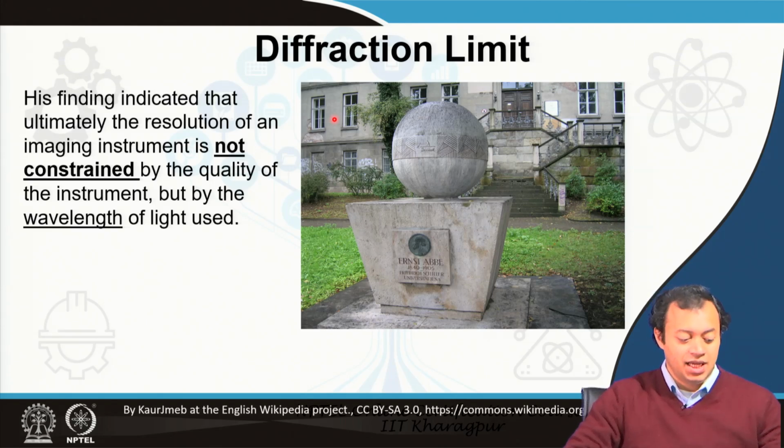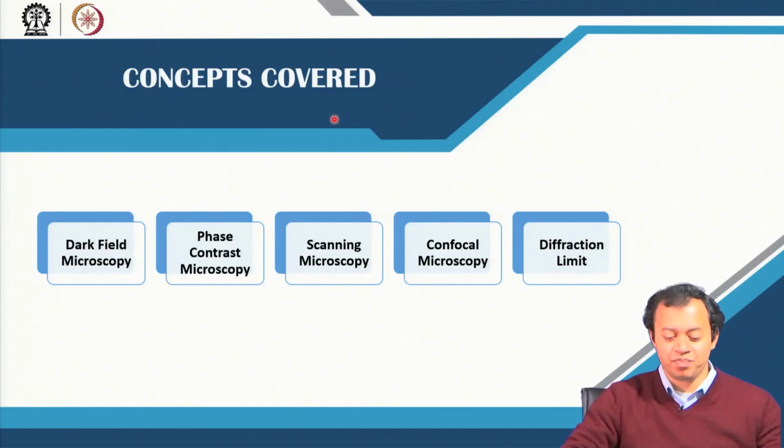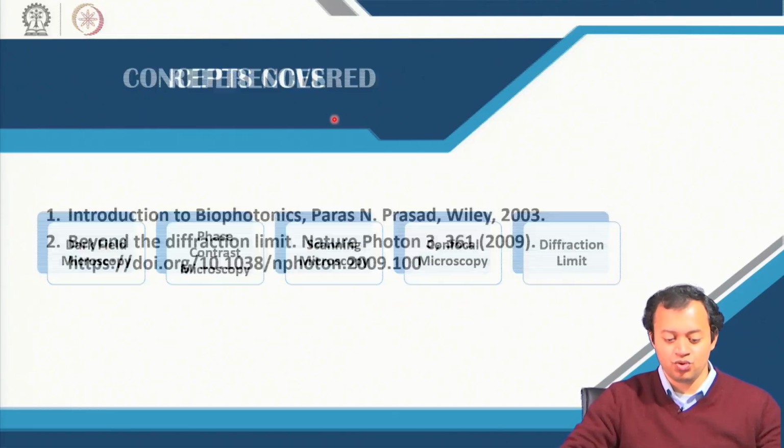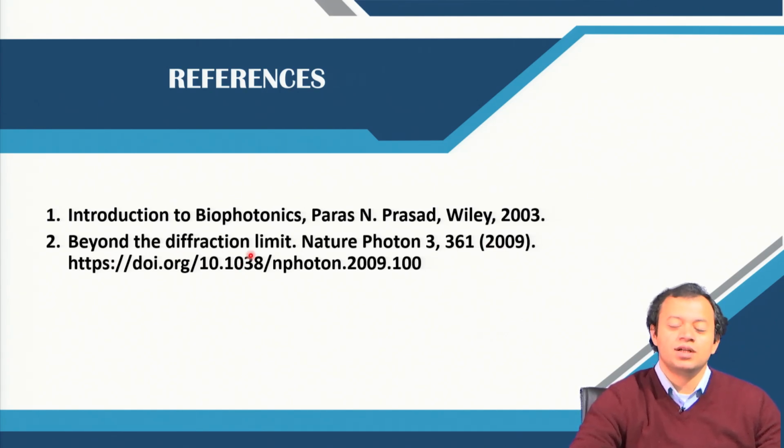All right. I will tell you how in the next class with examples, and these are the topics that I discussed. What I want to show you is, read this particular reference number 2, Beyond the Diffraction Limit in Nature Photonics. I am giving you the DOI. This is a very nice 2009 article. Just try to see what the different ways are.